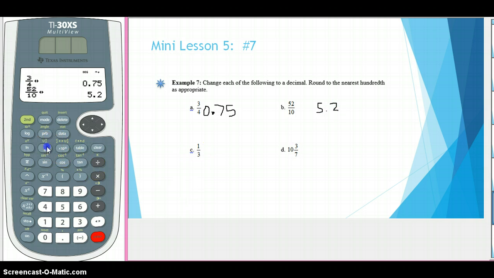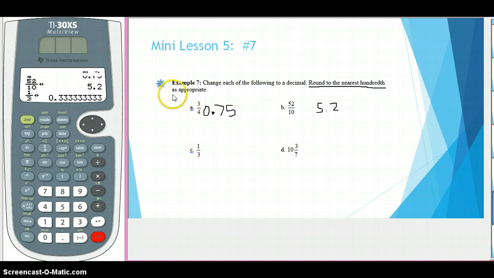The next one we have is 1/3. Ask it to change it to a decimal, and this is what we call a repeating decimal. So this is 0.333333. These threes actually go on forever and ever, but the calculator is just showing us, I think, the first 10 or so decimal places. So notice the directions said round to the nearest hundredth as appropriate.